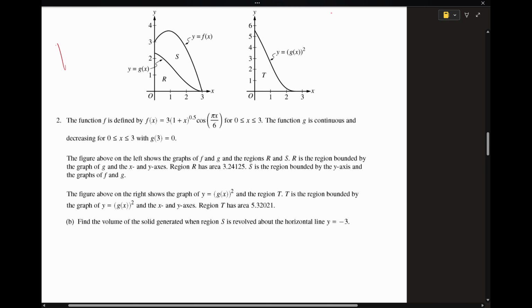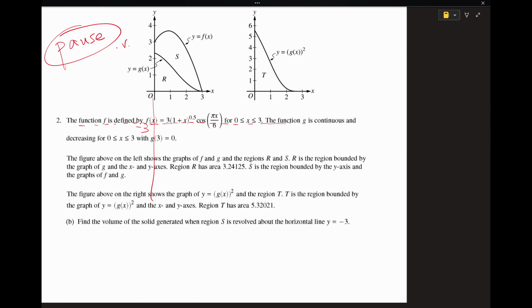So first, please pause to have a look at this question. Okay, based on the information of this question, we know that when the red region is revolved about the line y equals -3, the volume can be calculated in the following steps.